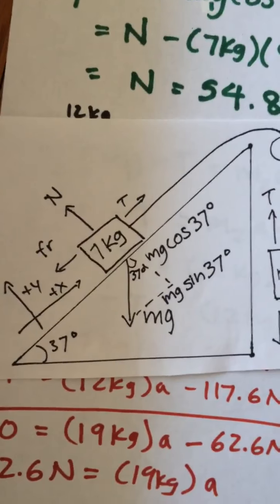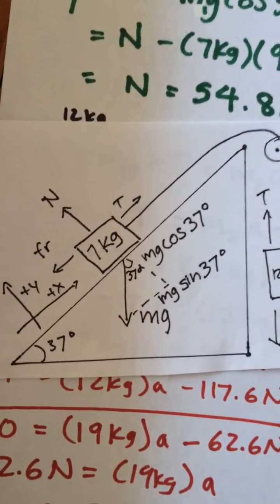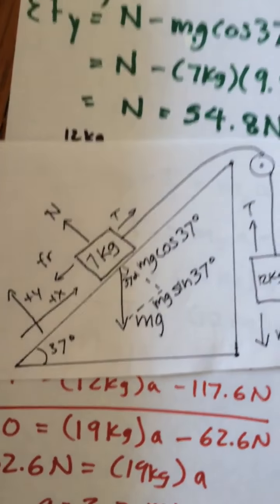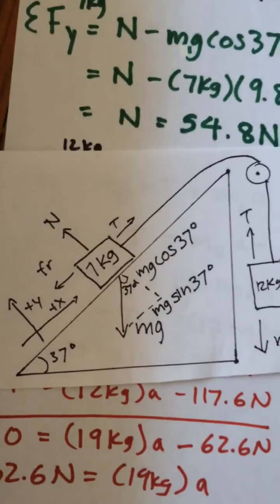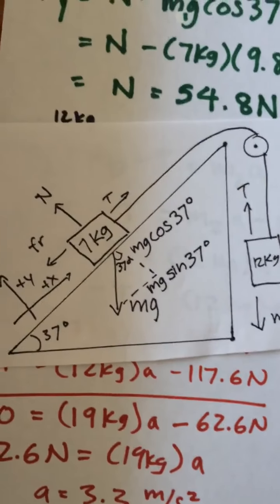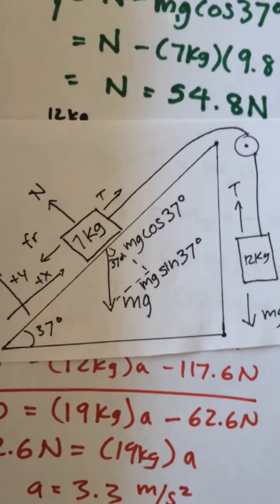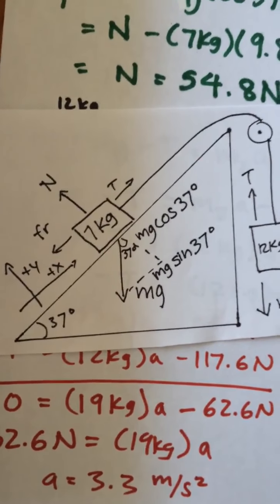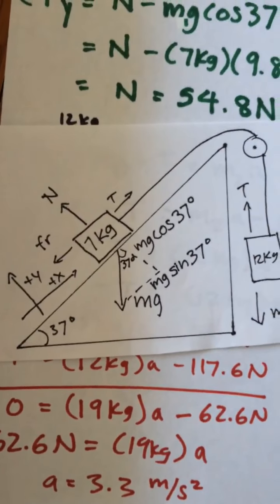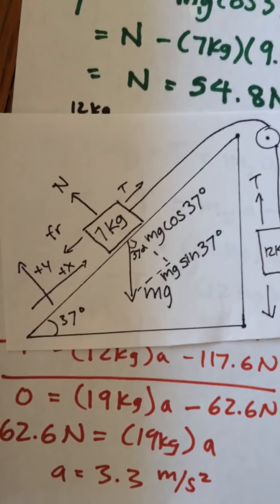And from there, I used geometry to figure out that the x direction is mass times gravity times sine 37, and the y direction is mass times gravity times cosine 37.